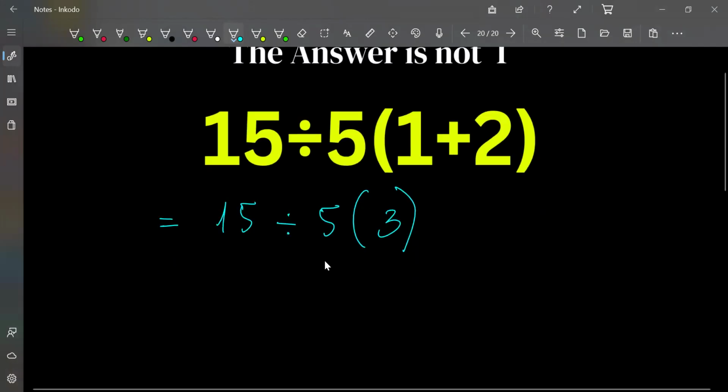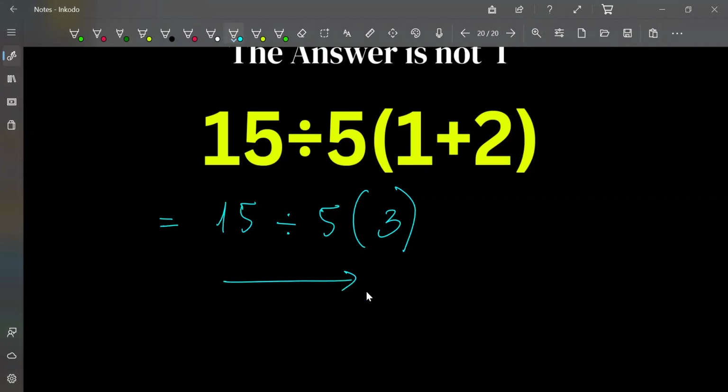And then you don't evaluate 5 times 3 first, because of the numerical expression rule: when we have two operations like the division operation and multiplication operation, you need to evaluate from the left to the right.